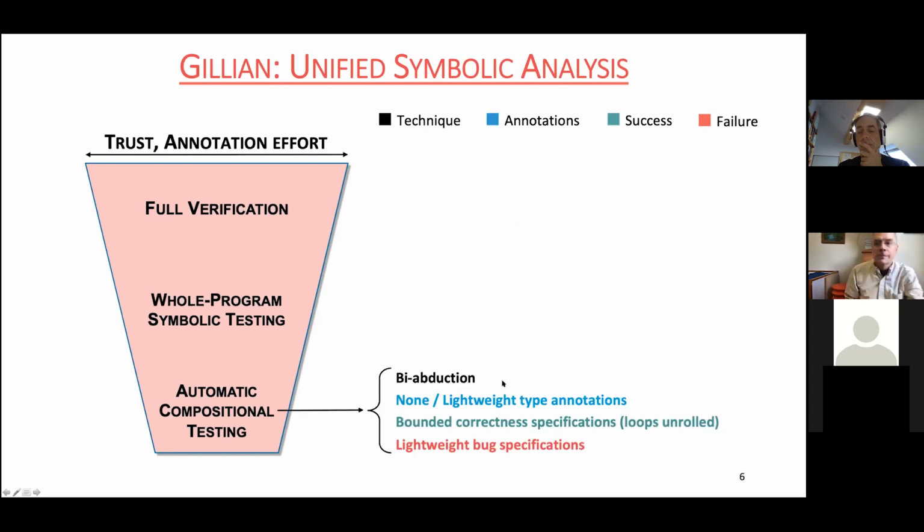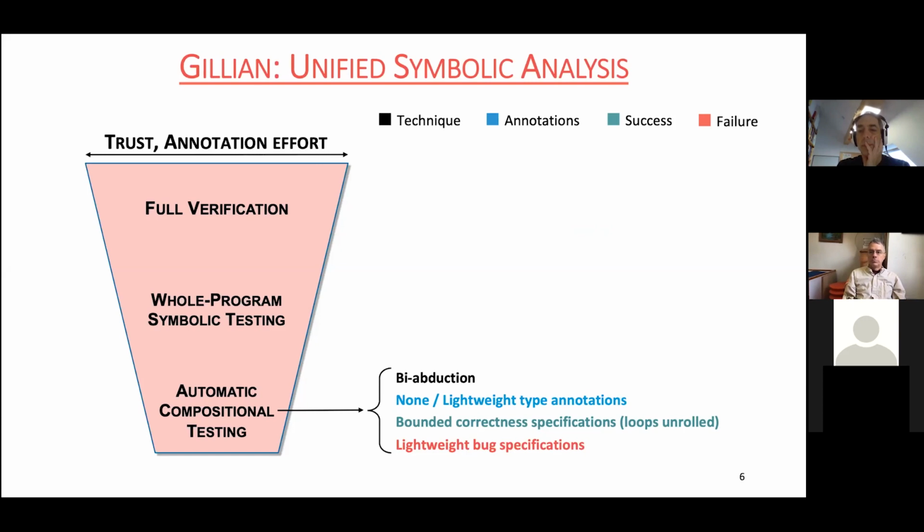And then finally, we've got automatic compositional testing based on bi-abduction. This is breakthrough work that's come from the Facebook Infer team, led by Peter O'Hearn, who was also the inventor of separation logic. There, the point is that the developers haven't time for any sort of annotation.